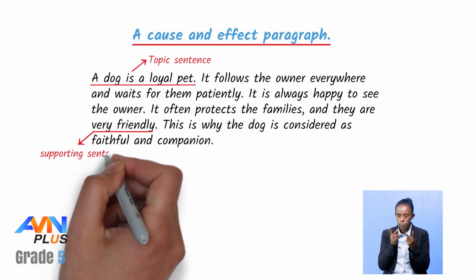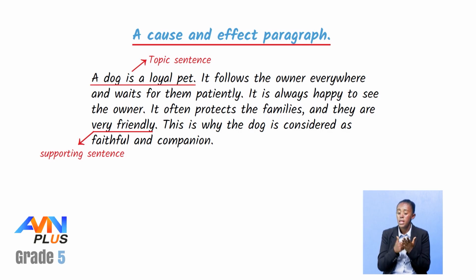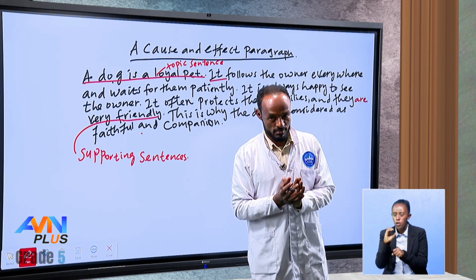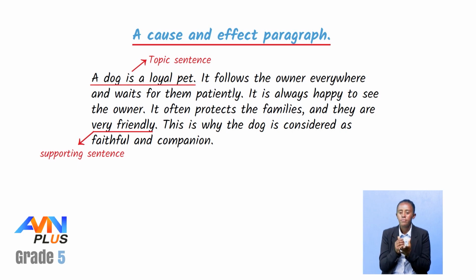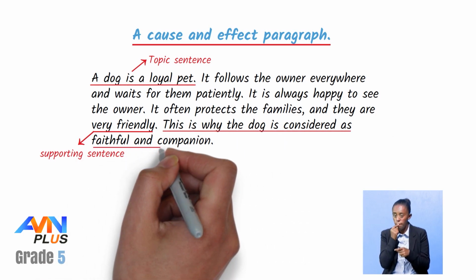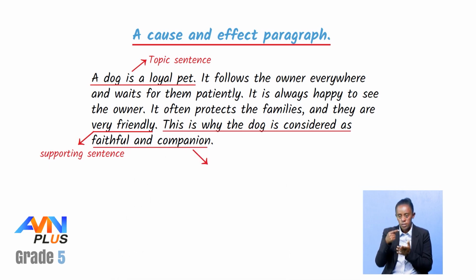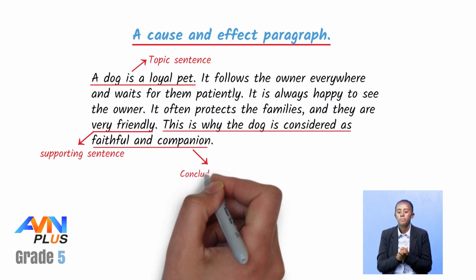Look, what about this one here? This is why the dog is considered as faithful and companion. This one, the underlined one at the last point, is the concluding sentence.